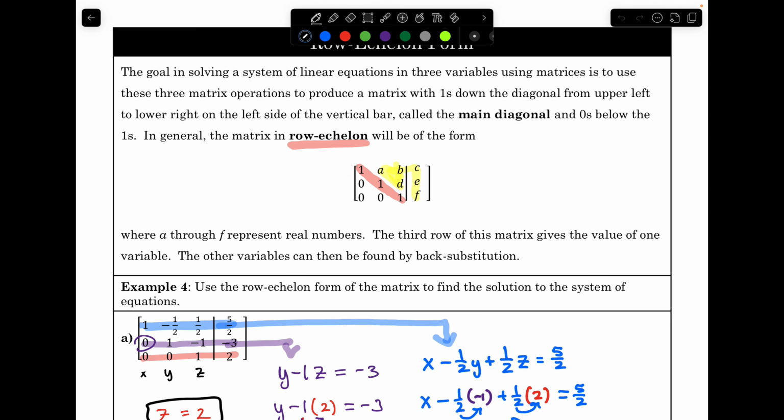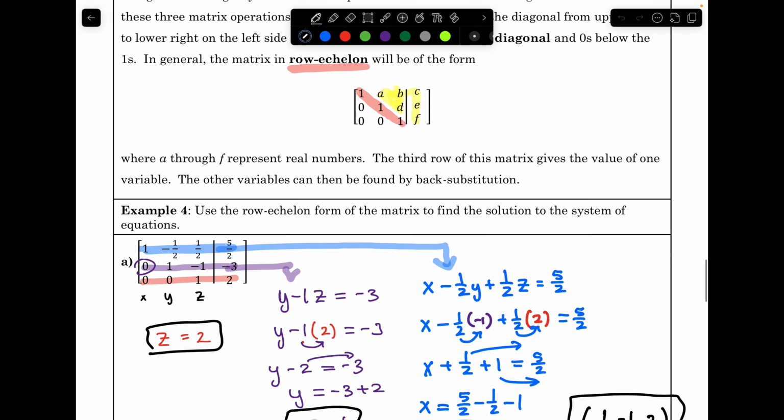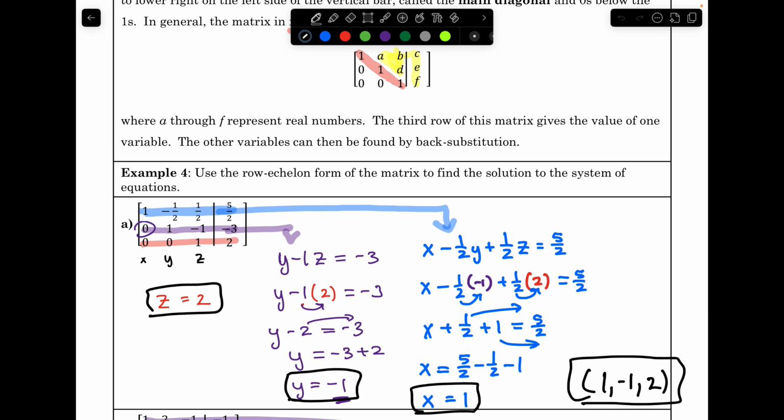And we talked about how we can use backward substitution to determine the values of the system of equations when it's already in the row echelon form, by writing each row, starting with the bottom, into an equation. So in this bottom equation, 1z is equal to 2. From the middle row, row 2, we have 0x plus 1y minus 1z equals negative 3. Using substitution, knowing that z is 2, we can substitute in that value and solve the equation.